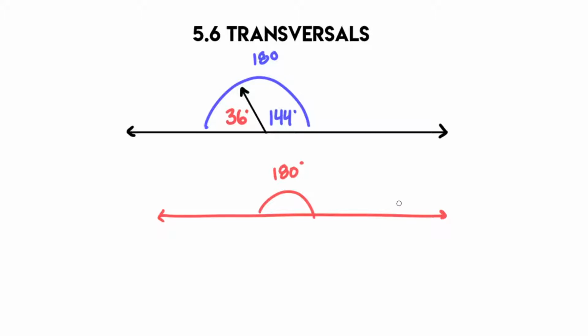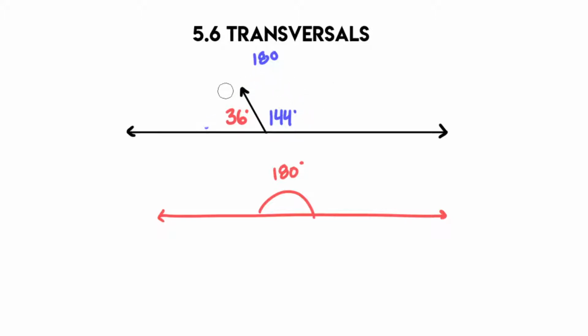I'm going to double check this on a calculator, because I don't want to make a mistake on YouTube. Yes, 144. So once again, I did 180 minus 36 and got 144. That was my remaining angle over here. So I know that this angle right there is 144.